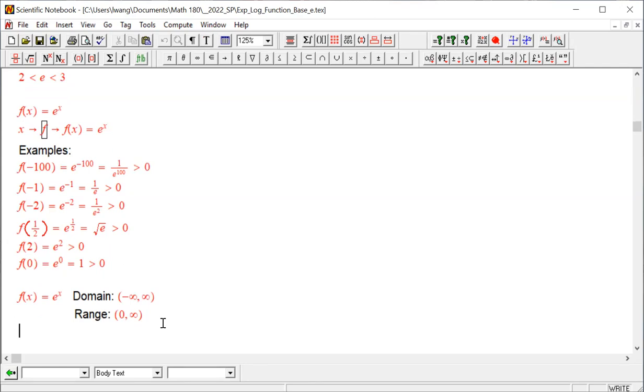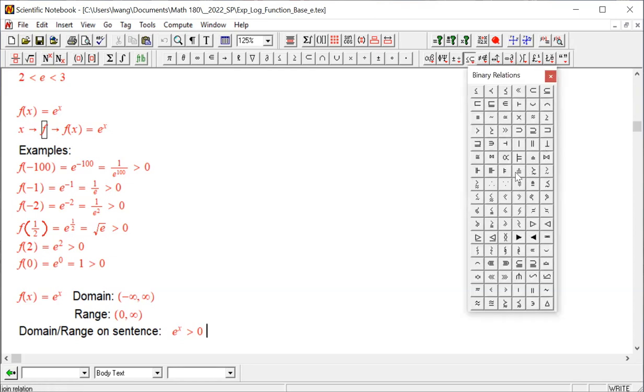But my preferred form, which is useful for you, is domain and range in one sentence: e to the power x is always positive for any real number x.